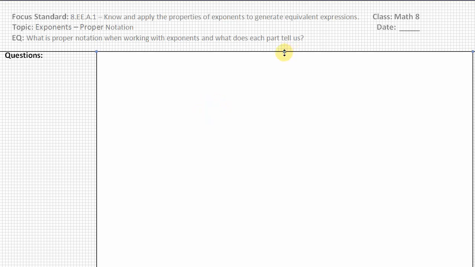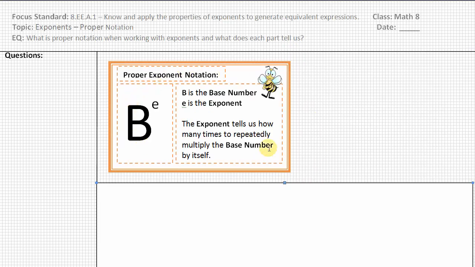Today I want to dive right in, looking at the form for working with exponents. You may have seen something like this before. So this is proper exponent notation. We see a base number, which is usually a large number, with a raised value, a superscript, of a smaller number.